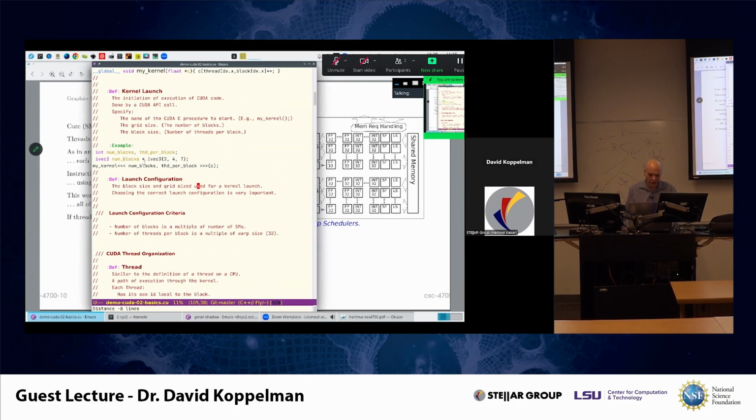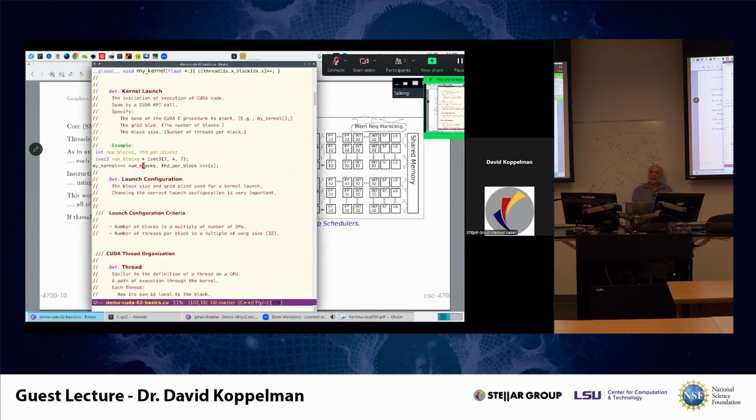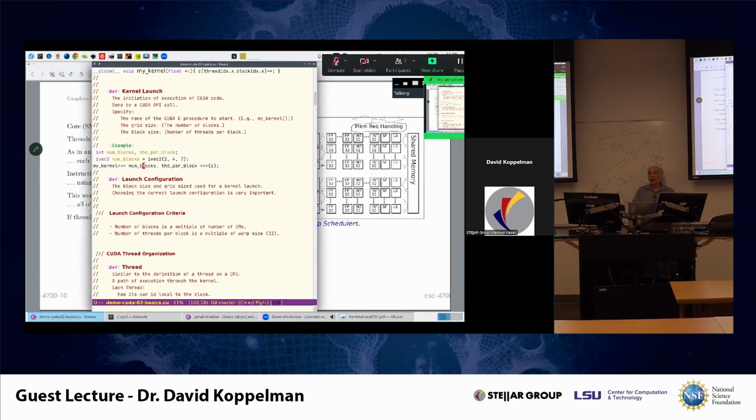Now, when you do the launch, if you want to use your hardware, the number of blocks should be a multiple of the number of SMs. If you have 128 SMs and you launch 1 block, then you are making use of 1/128th.